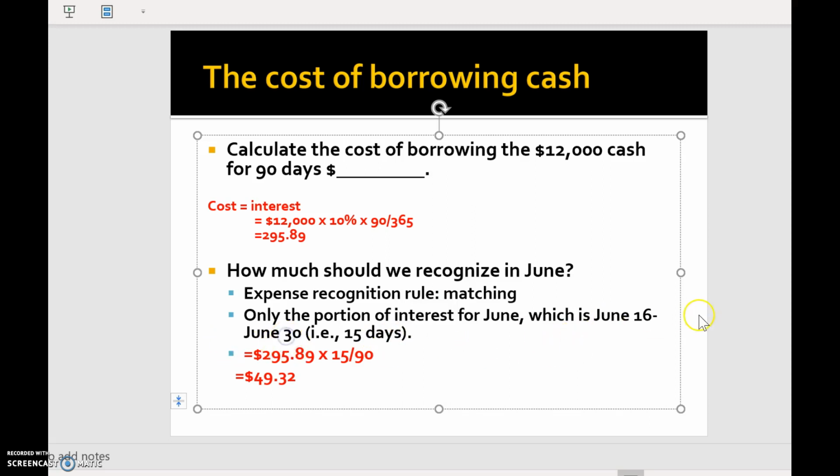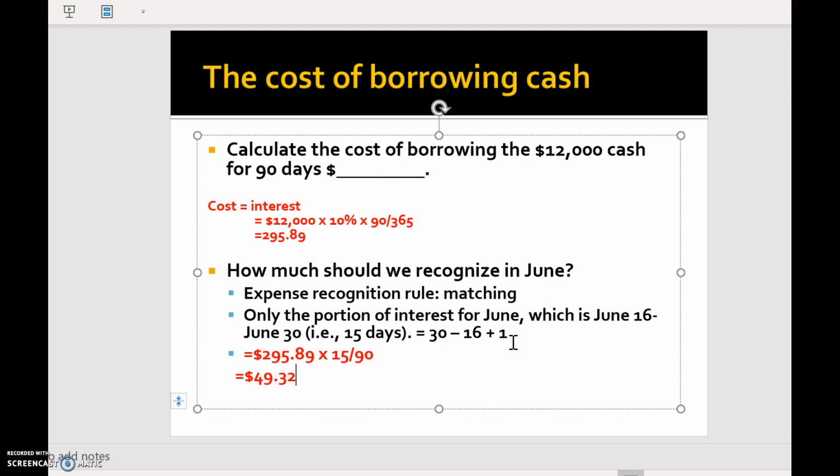It equals 30 days minus 16 days plus 1. So why do we plus 1? When we are talking about the interval between two dates, we need to include both the beginning date and the ending date in the interval. So mechanically, it is the ending day, the 30th, minus the beginning day, the 16th, plus 1.